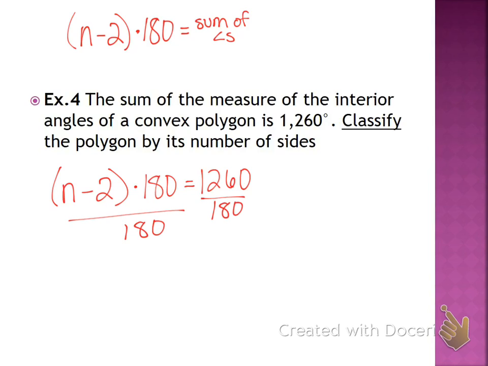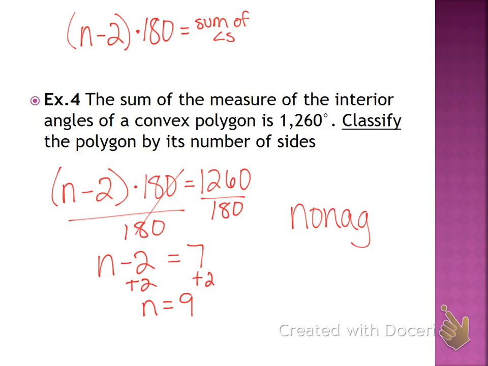Makes your numbers smaller right away. So we're left with n minus 2 equals what? 7? Then what do we need to do? Add the 2. N equals 9. Have we answered the question? No, the question didn't say find the number of sides. It said classify it. This would be a nonagon. Make sure you answer the question that was asked.